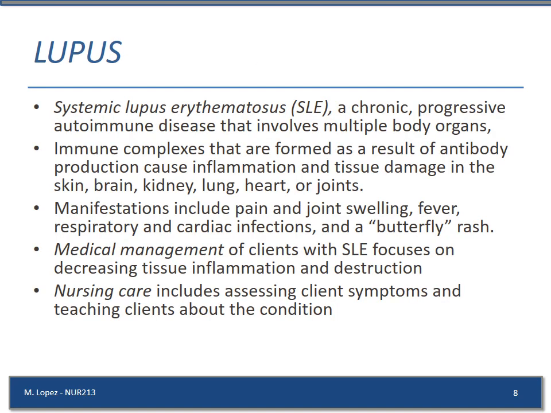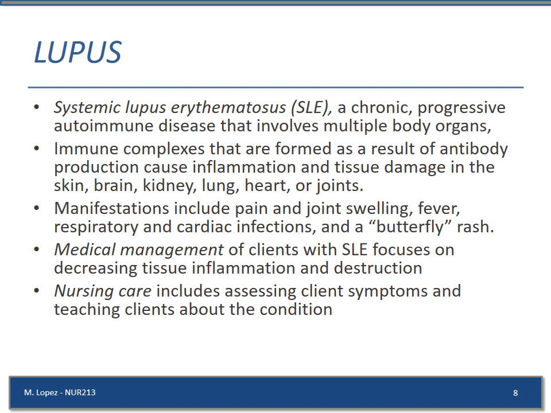Now, in class, we're going to talk about specific illnesses and disease processes. We don't do every single one in our textbook in a specific order. We cover specific ones. So for week 1, we are going to talk about lupus.